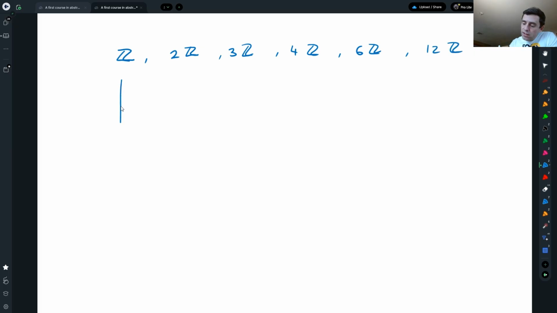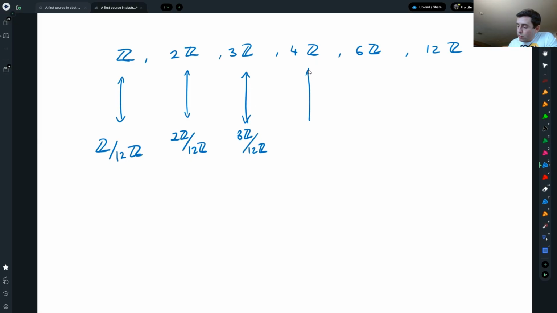Through the correspondence, Z corresponds to the subgroup Z modulo 12Z, which is the entire group. 2Z corresponds to the multiples of 2. 3Z corresponds to the multiples of 3. 4Z corresponds to the multiples of 4. 6Z corresponds to the multiples of 6. And 12Z corresponds to the multiples of 12.